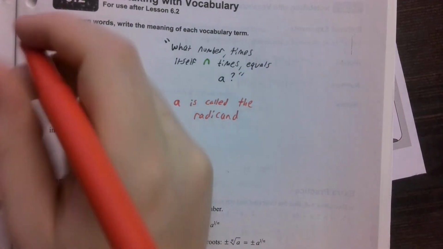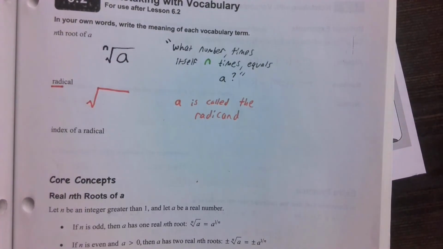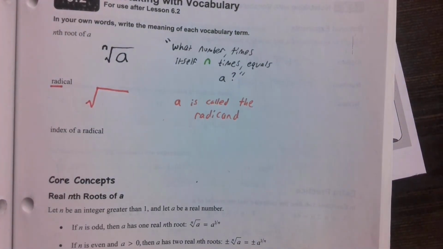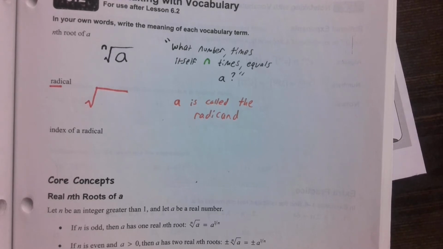Fun fact about the word radical, can you think of a food that starts with the letters R-A-D-I? If you said radish, there's a reason for that. Radish and radical actually come from the same word. They mean the same thing in Latin. The Latin word radix means root.